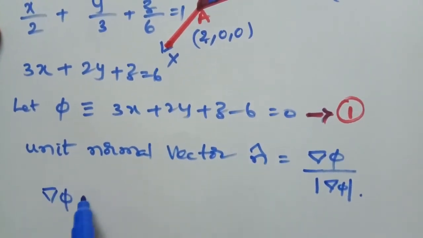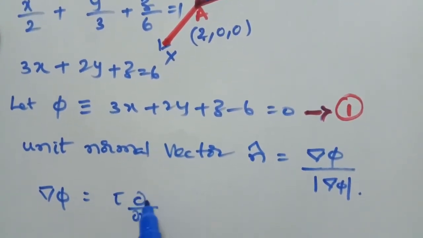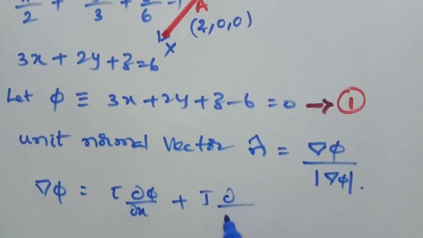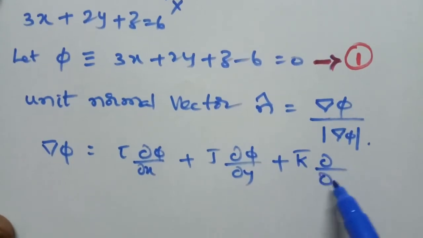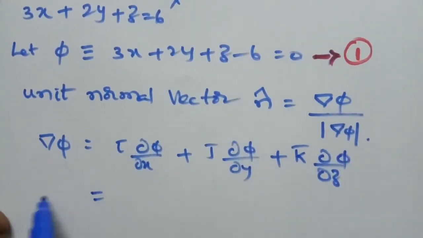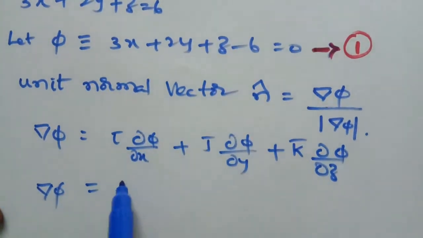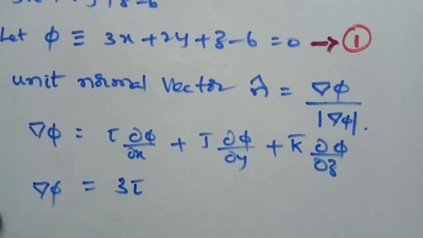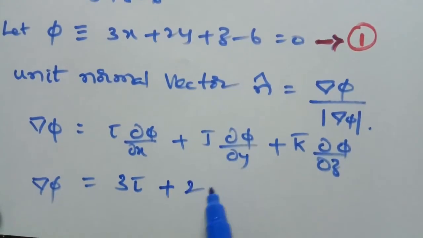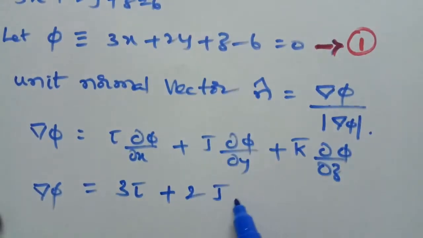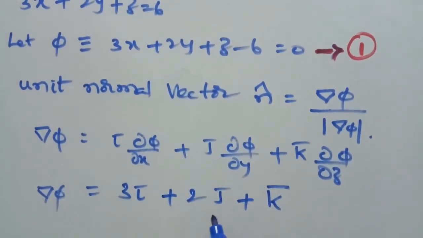Del phi is equal to i bar dou by dou x of phi plus j bar dou by dou y of phi plus k bar dou by dou z of phi. With respect to x we get 3 i bar, as y and z are constant and 6 is a constant, plus j bar with respect to y, 2 j bar, plus the z derivative is 1, that is k bar. Del phi is equal to 3 i bar plus 2 j bar plus k bar.